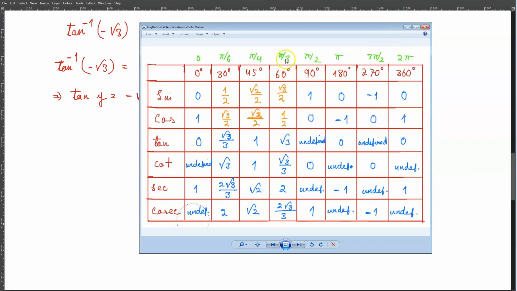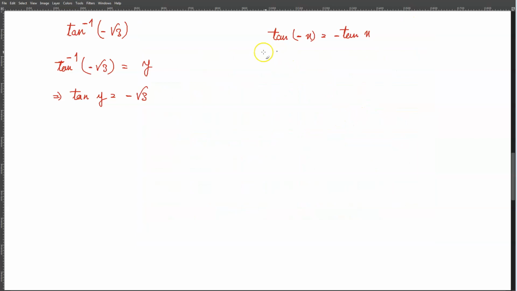That means that tan of pi by 3 is equal to square root of 3. So this means that this is equal to negative tan of pi by 3, and since negative tan of x is equal to tan of negative x, I can write it as tan of negative pi by 3.